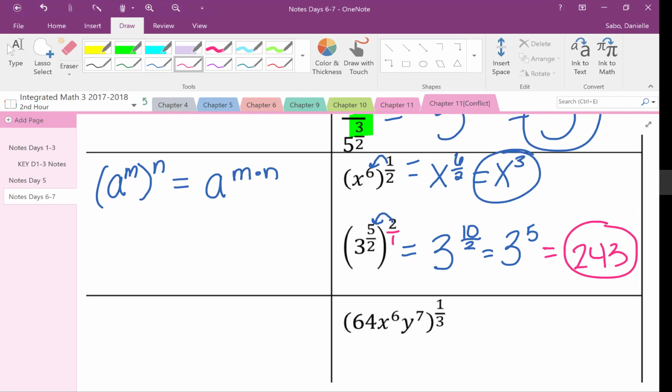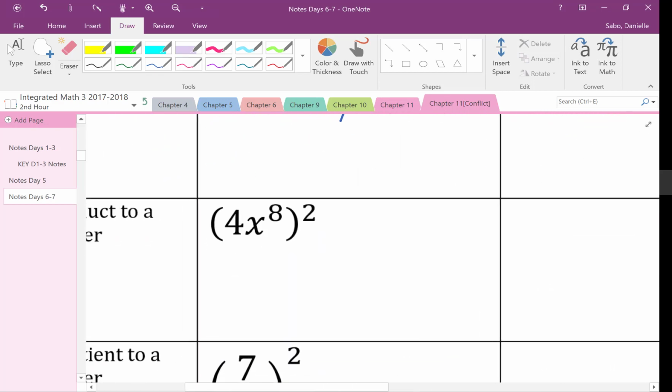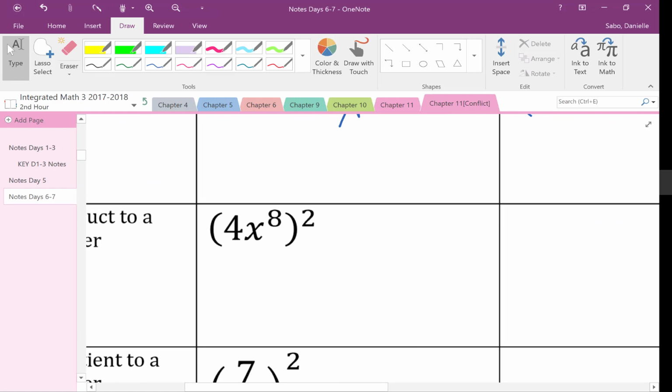All right, now let's look at the next one. All right, we have a product to a power again, but now we have more than 1. Now, a lot of people, I'm telling you, we see this all the time. A lot of people think, oh, 4 times 2, 8. But it's not 4 times 2, what is it? 4 times 8. 4 squared.